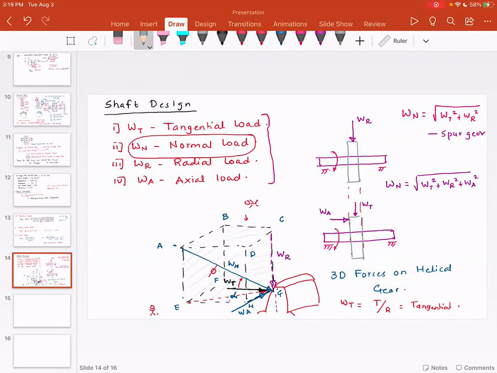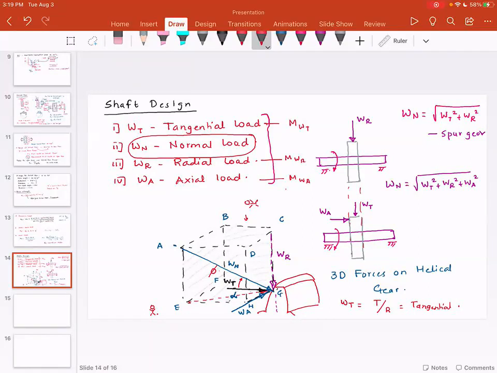And same thing, what we need to do is we need to find out the moment because of Wt. We need to find out the moment because of Wr. We need to find out the moment because of Wa, and then find out the total moment.